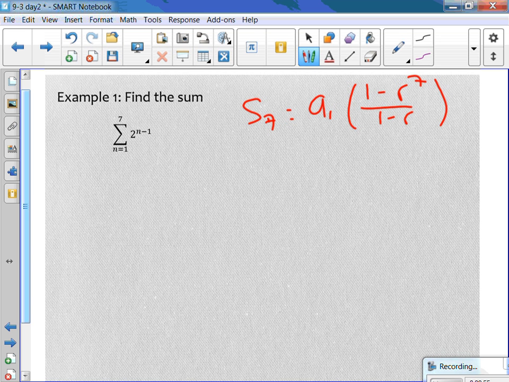Do I know what r is here? It's in the formula, right? Our a1 r to the n minus 1. And if we didn't know this, we could also just ask, what is the first term when n equals 1?